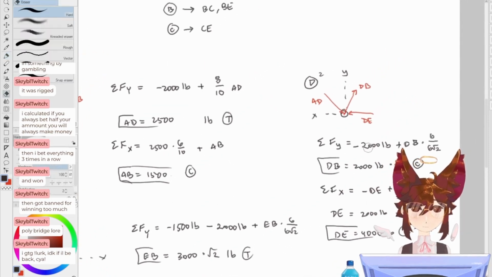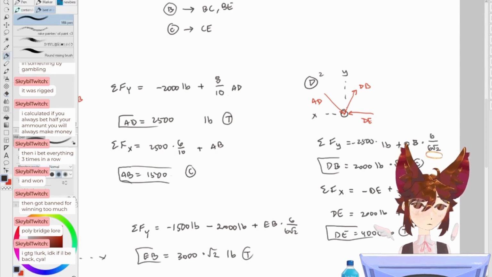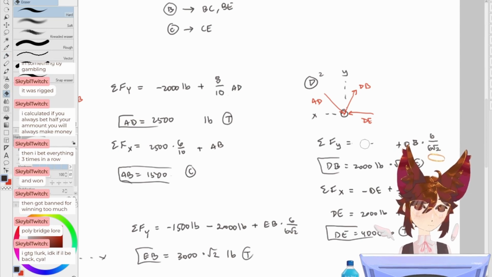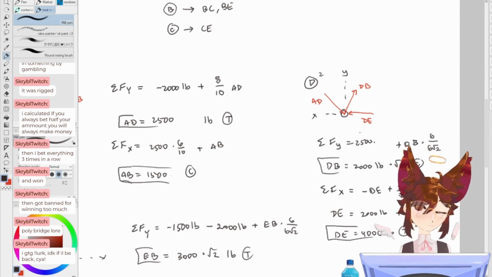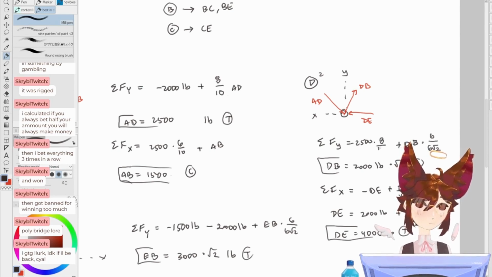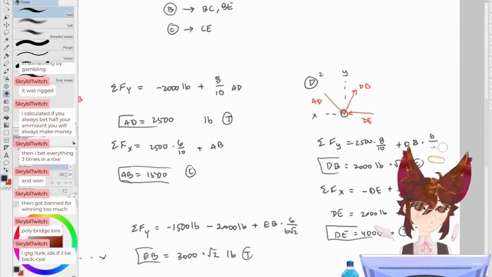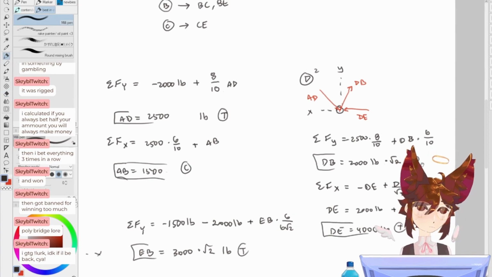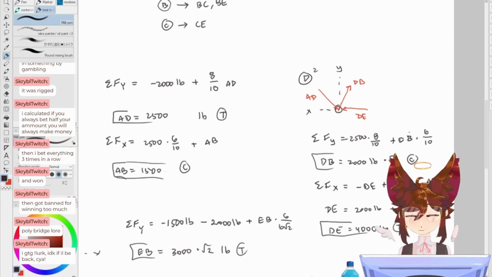Okay. This is no longer this. This is negative 2,500 times, we want the y, 8 over 10. And this is not 6 over 6 root 2, this is 6 over 10. So 2,500 times 8 divided by 10 times 10 divided by 6.